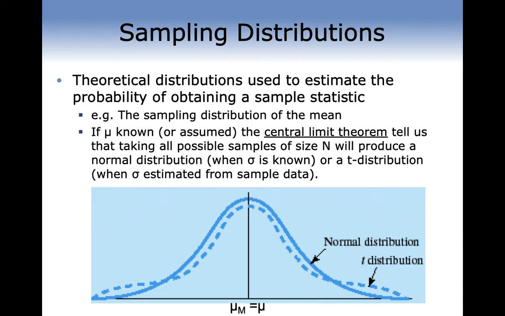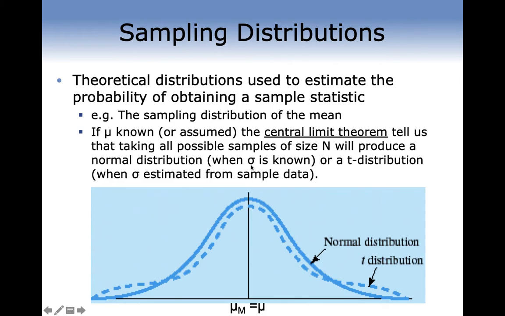The central limit theorem tells us that taking all possible random samples that you could come up with, and this is why it's theoretical, we don't actually do that, but if we could take all possible random samples of a particular size n, and we take the mean and put it in a pile, that is going to produce a normal distribution of means when the population standard deviation is known.